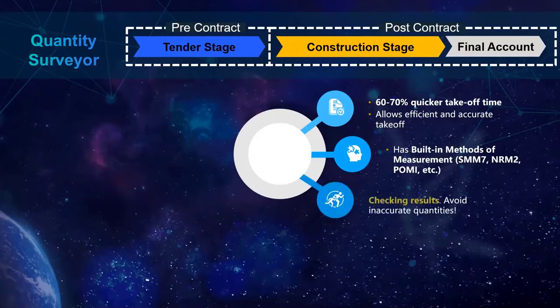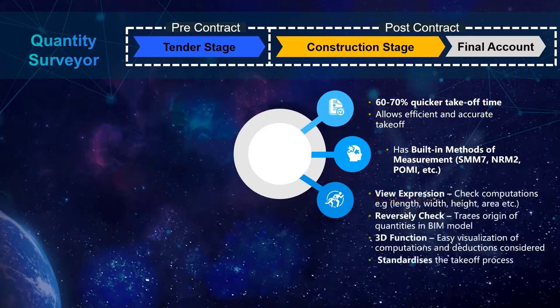And then checking results. So when it comes to checking the results of your work, you have view expression, which is giving you access to the actual expression or the formula being used for determining different quantities. And then again, you can get into details of various reductions under 3D functions.